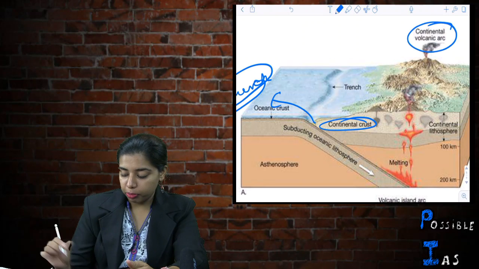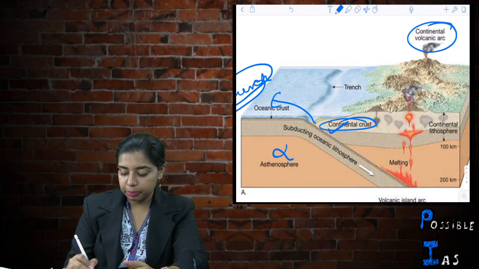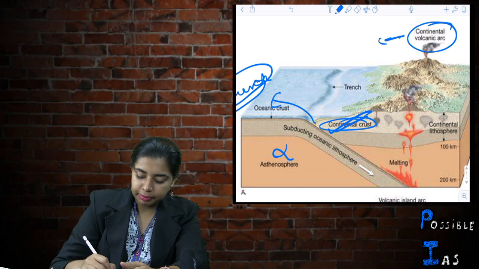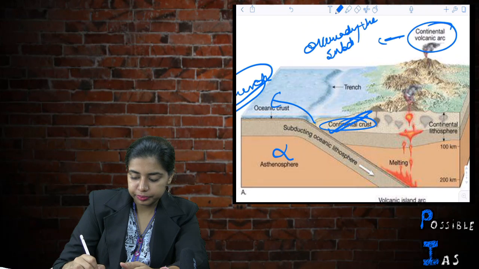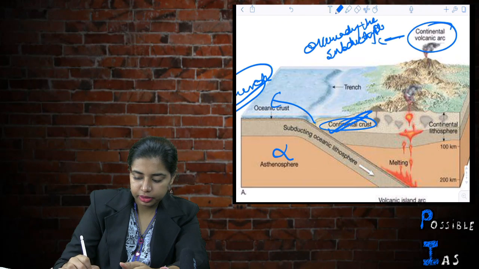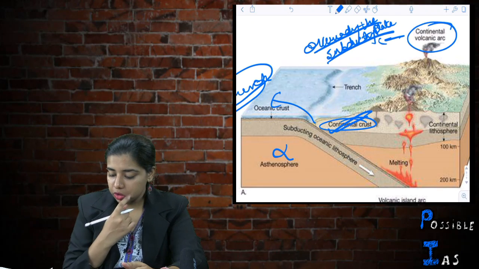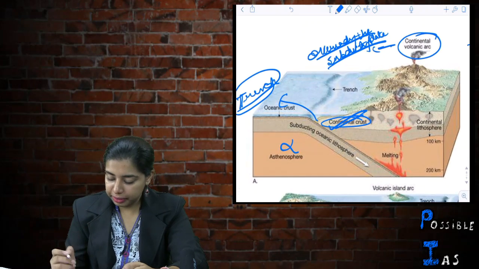It is not formed on the subducting plate. So it is found on the continental plate in this case.